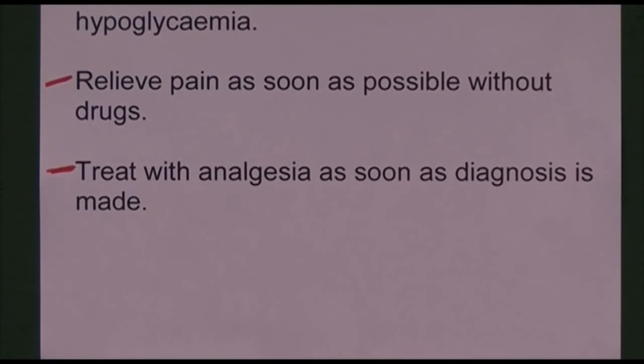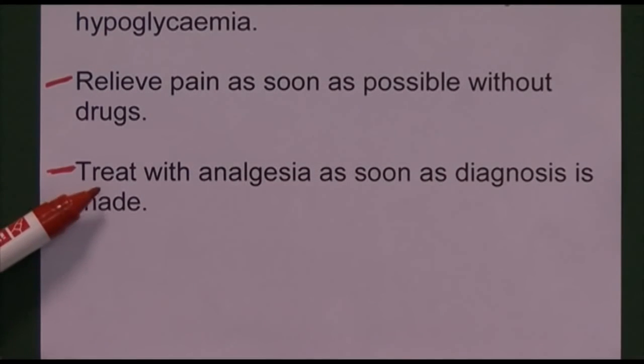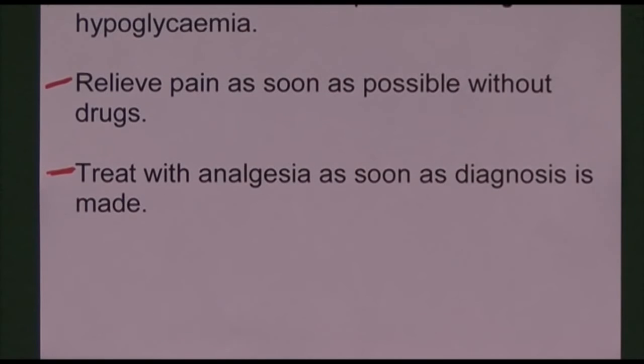Alternatively, we might titrate in 10 milligrams of intravenous morphine with an appropriate antiemetic. But if we give analgesics at too early a stage, that may interfere with the diagnosis and assessment. So think about ways of relieving pain straight away without drugs, and then as soon as senior medical staff are happy, treat with analgesics to try and make the patient as pain-free as possible.